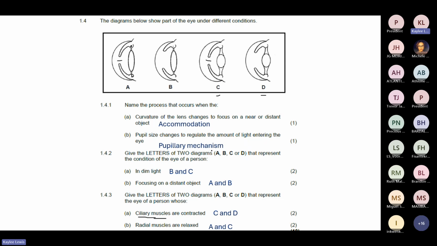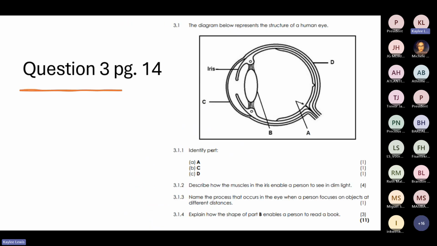All right, so let's start to practice. So in your workbook, please turn to page 14. And you're going to start with question 3.1.